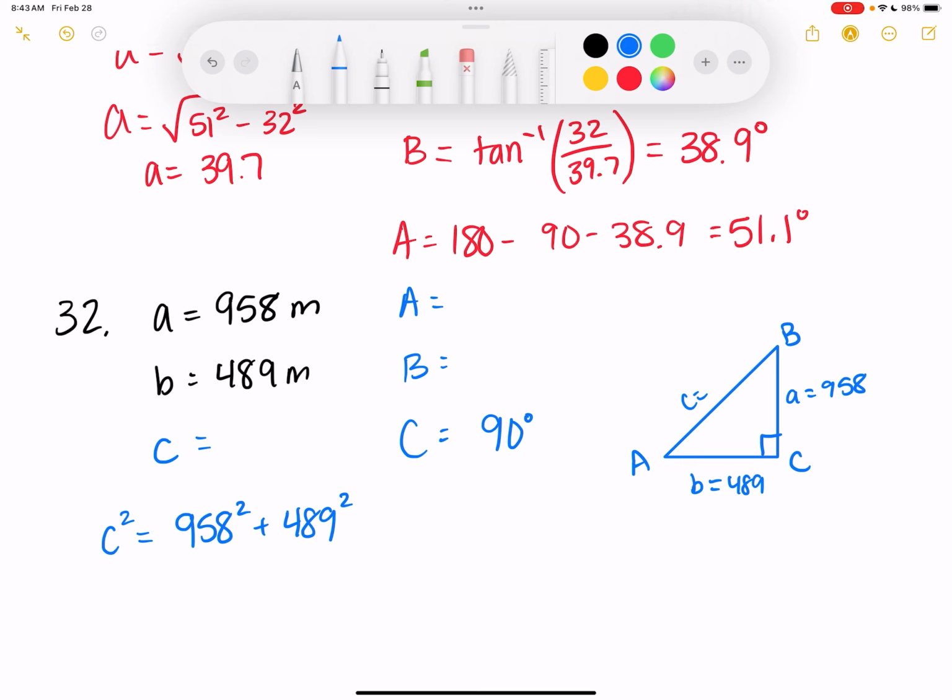So C equals the square root of 958 squared plus 489 squared. And so that means side C is 1,075.6 meters.